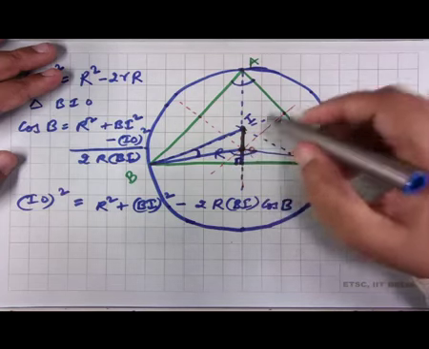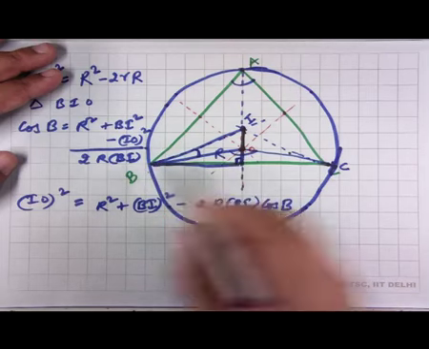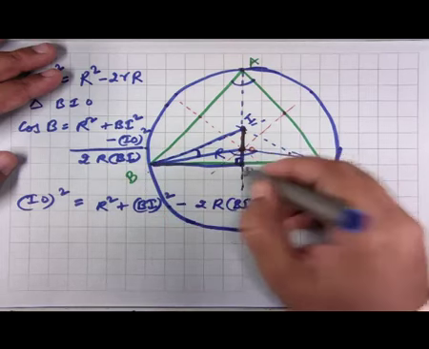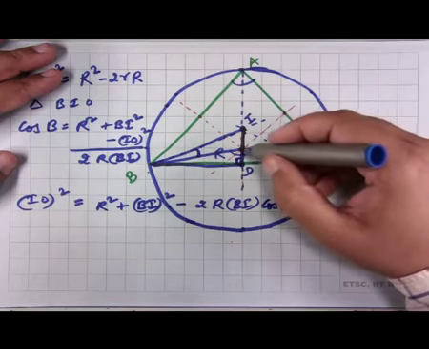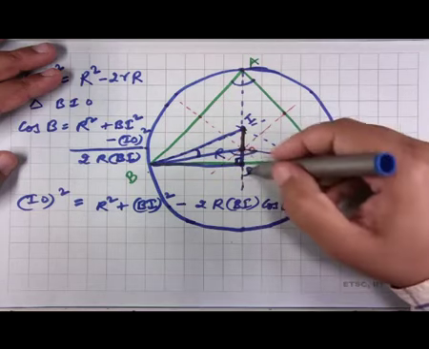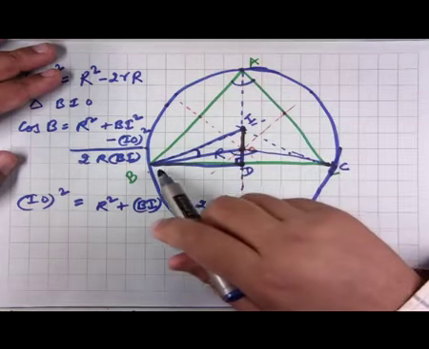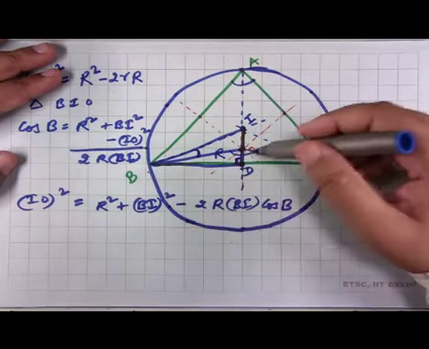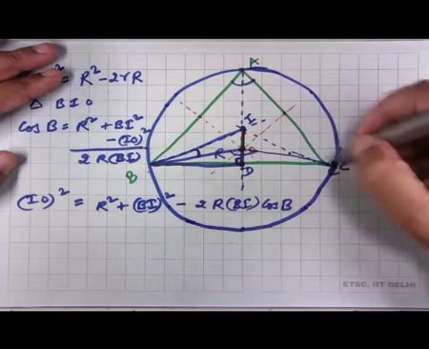Let us say that this point where the perpendicular from the point O meets the line BC is the point D. We can show that the triangle BDO and the triangle ODC are congruent, because OB is equal to OC is equal to R, as OC is also the circumradius.